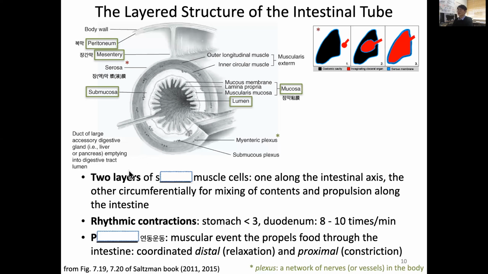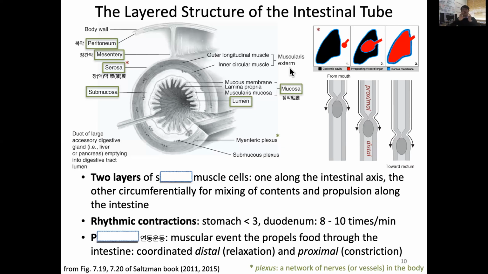These two layers are composed of muscles, and the outer side is called the serosa or serous membrane. This is a smooth tissue membrane consisting of two layers, inner and outer. And interestingly, the muscles have a two-layer structure, inner and outer, called the muscularis externa.